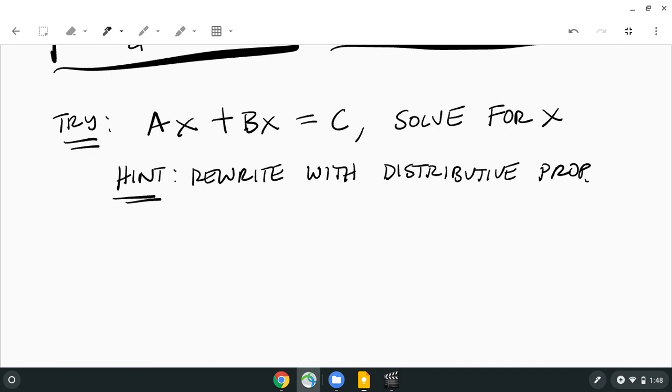Okay, so what I meant was, if I were to rewrite the left-hand side, like if I wanted to know what was the step before this that had the distributive property, then it probably looked like this: x times a plus b. Because when I distribute the x, I get ax plus bx.